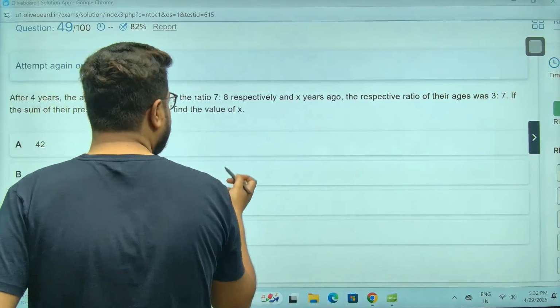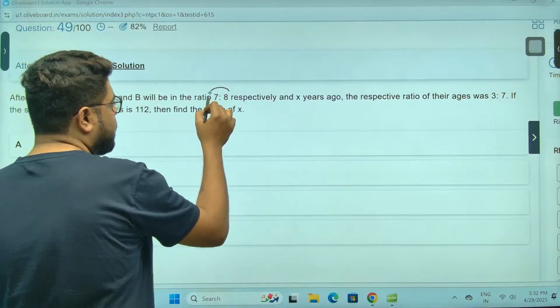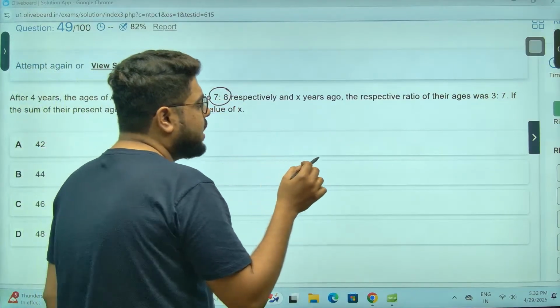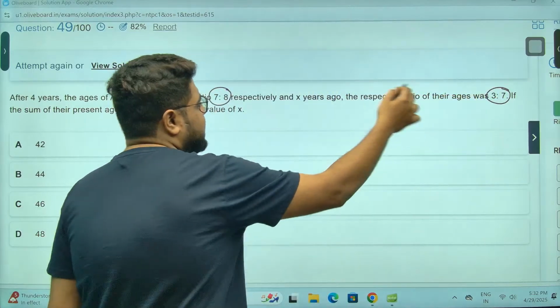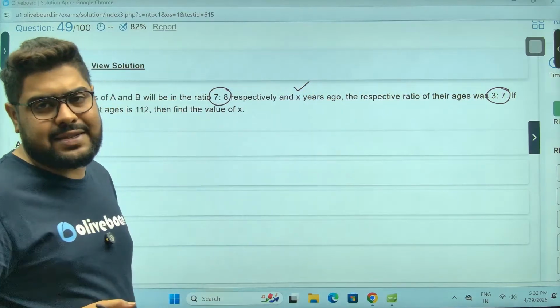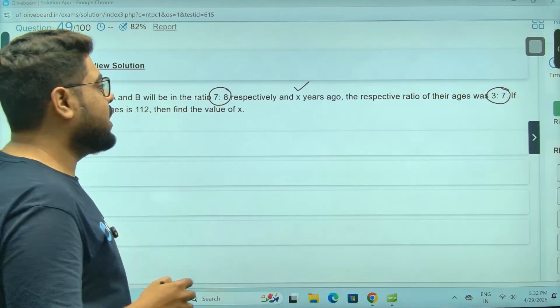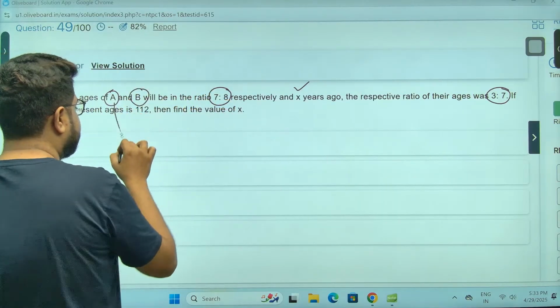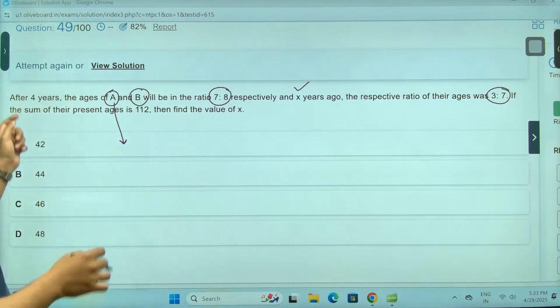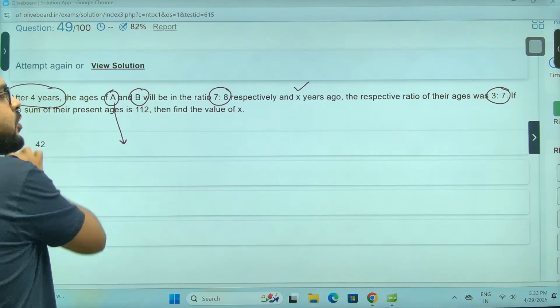In that case, we must start with one of the ratios. This one and this, or this one. But if I take this one, I must involve x. Better we start with this. There are two values A and B. This is a ratio after 4 years.